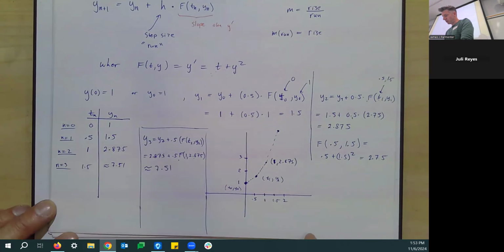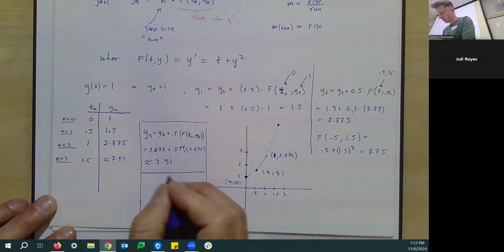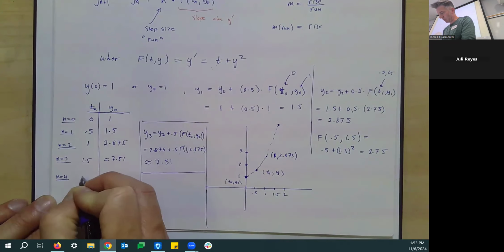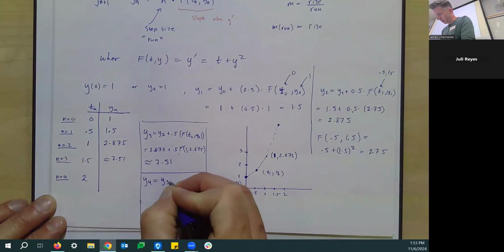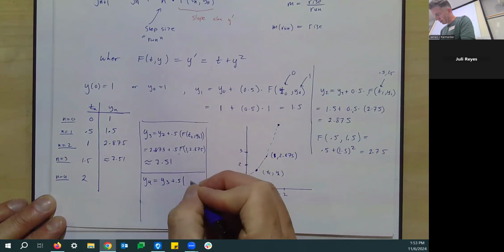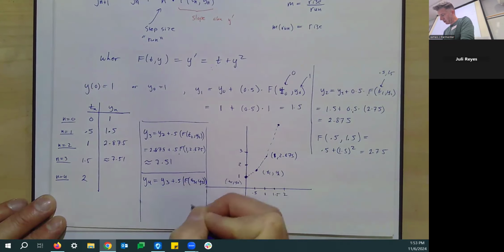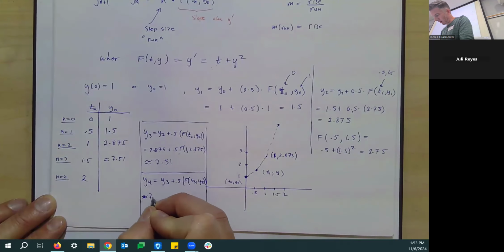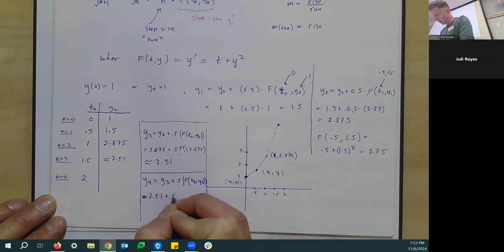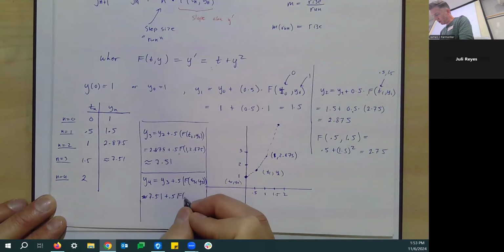If we do this one more time to find my y4, my t is going to be 2, and my y4 is going to be my y3 plus 0.5 times f of t3 comma y3, which is approximately 7.51 plus 0.5 times f of 1.5 comma 7.51.